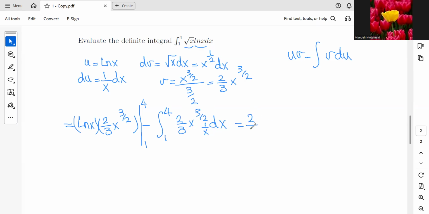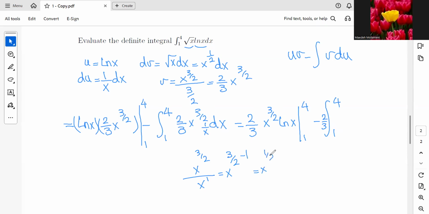After simplification, we would have 2 over 3 x to the power 3 over 2 ln of x from 1 to 4, minus the integral from 1 to 4. We can bring out the constant coefficient, and it is x to the power 3 over 2 over x, which means x to the power 1. So we would write it as x to the power 3 over 2 minus 1, which is x to the power 1 over 2, dx.